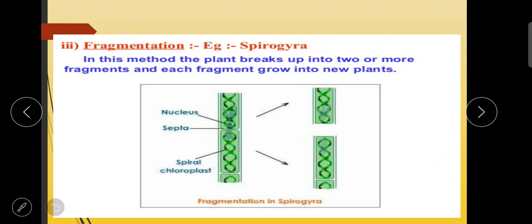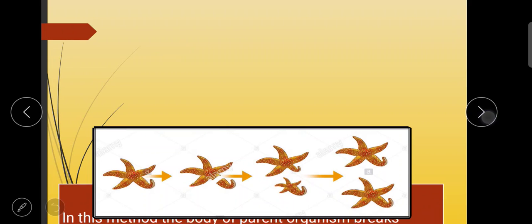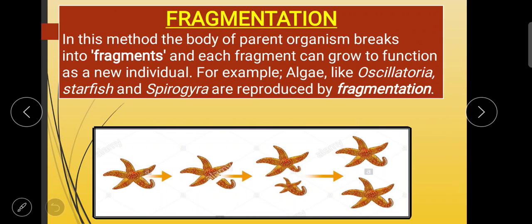Now the third type of asexual reproduction is fragmentation. Children, as the word indicates, fragments. In this method, the plant breaks up into two or more fragments, and each fragment grows into a new plant. As you can see, the body of the parent organism breaks into fragments, and each fragment can grow to function as a new individual.